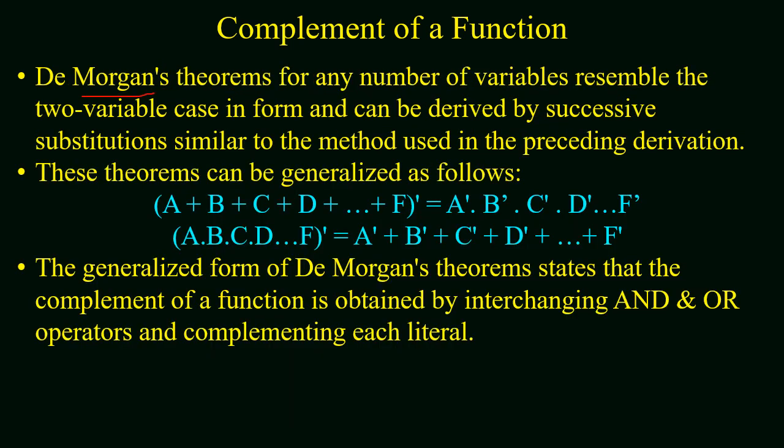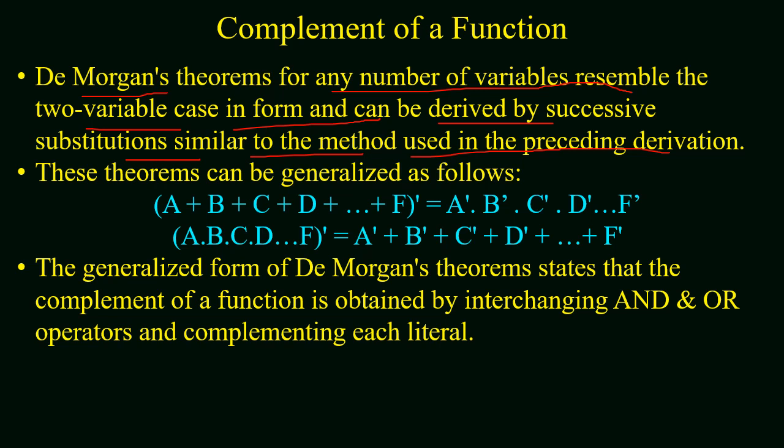Now the De Morgan's theorem for any number of variables resembles the two variable case and can be derived using successive substitution, and the method is similar to the case of three variables. So the theorem can be generalized as follows.